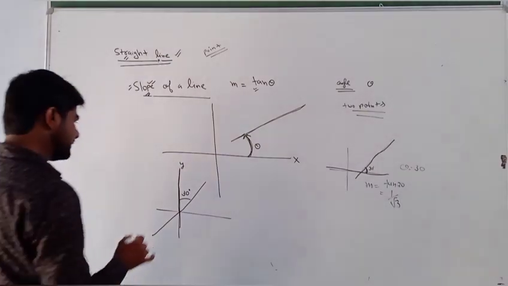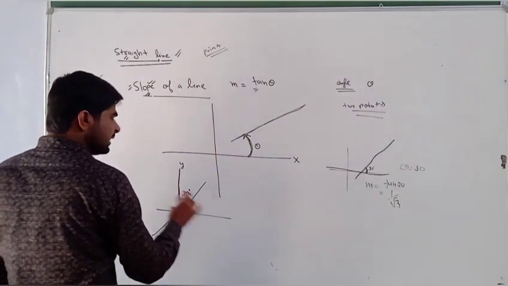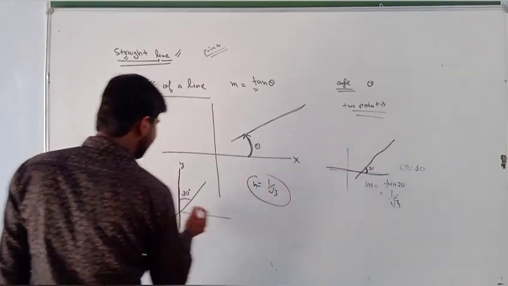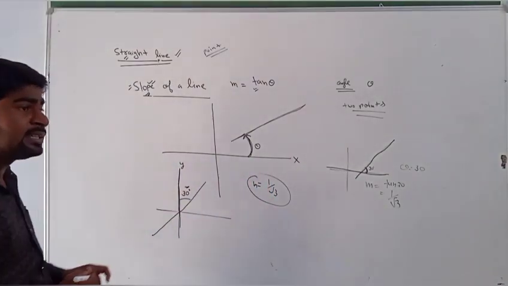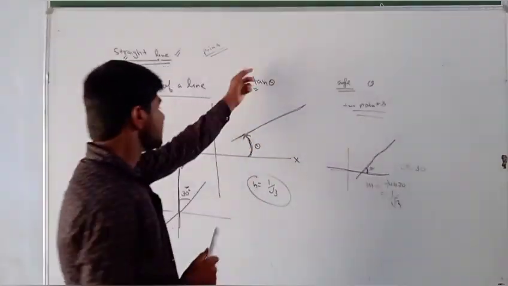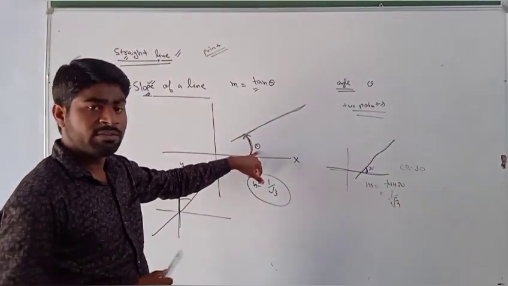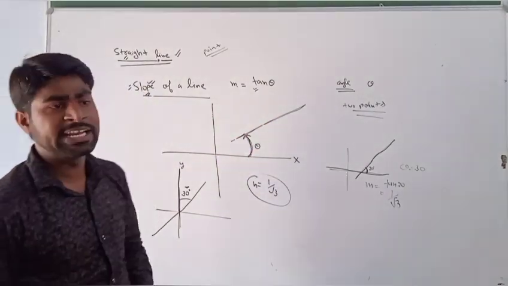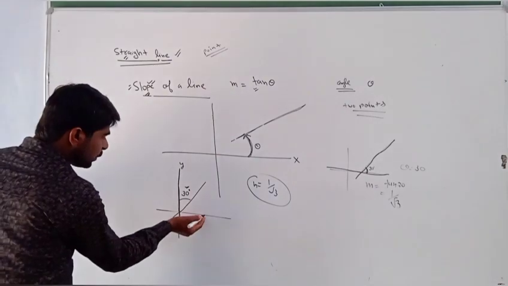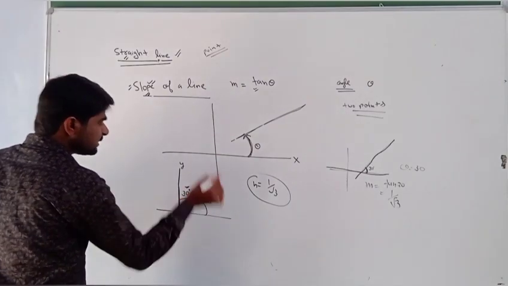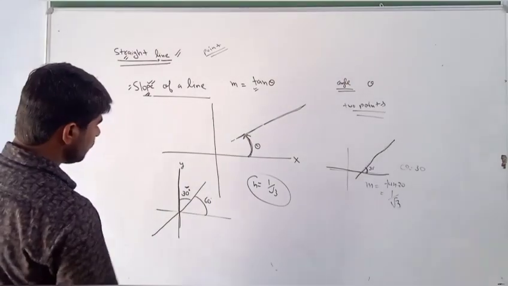Most of the students get confused and they will answer 1 upon root 3 as slope because they will treat 30 as theta. But what was the definition? The definition was the angle of the line with the positive x-axis direction, means we need to calculate this angle, which will be 60 degree.